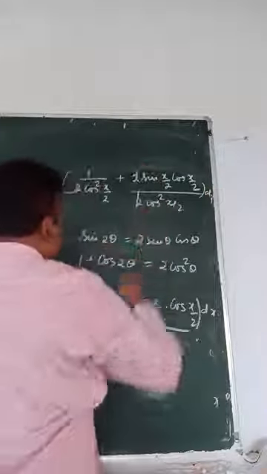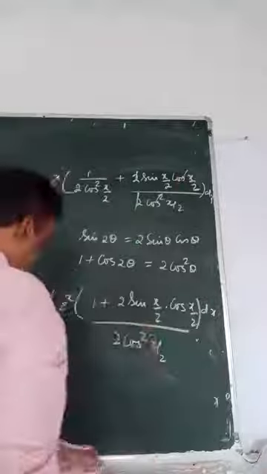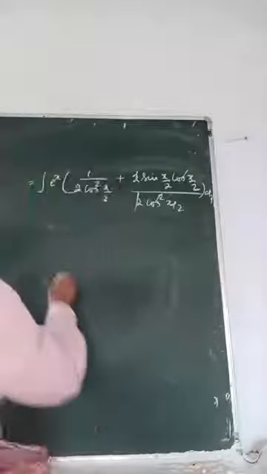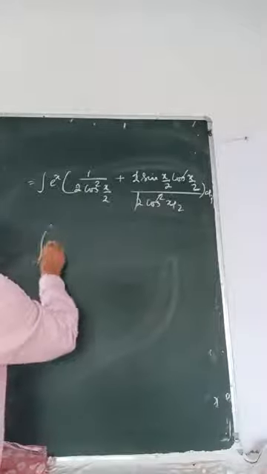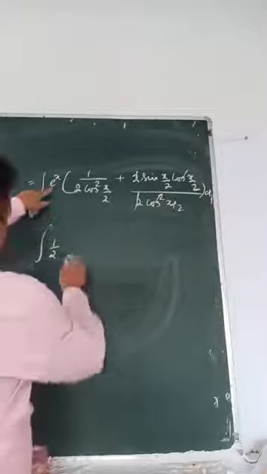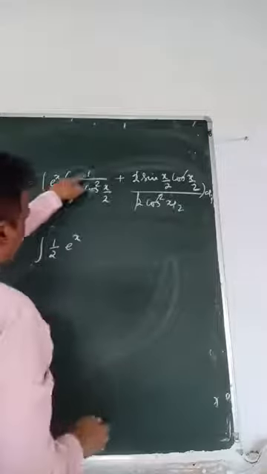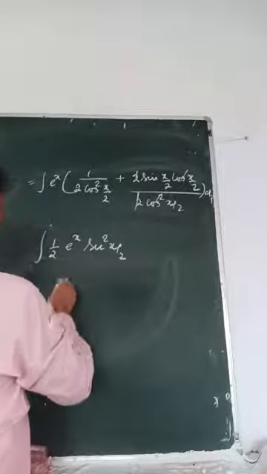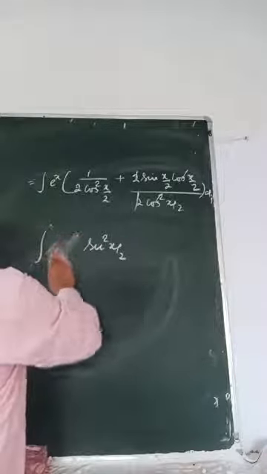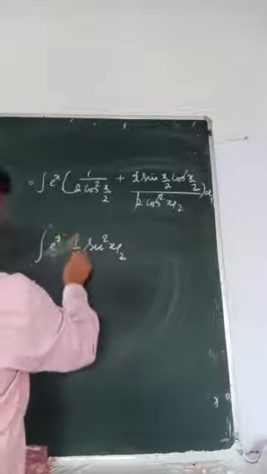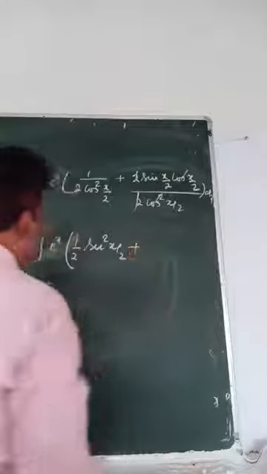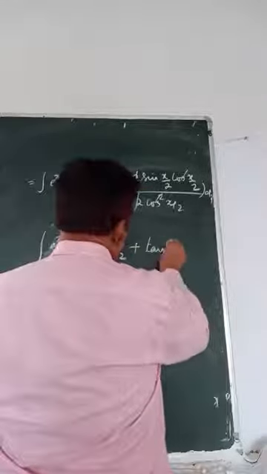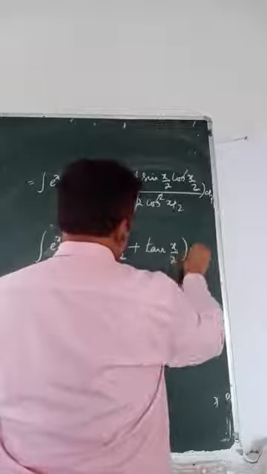Look at this, 2 is cancelled, one cos is cancelled. So the result is half e to the power x (1 by cos square x by 2, which is sec square x by 2, plus sin by cos, which is tan x by 2) dx.